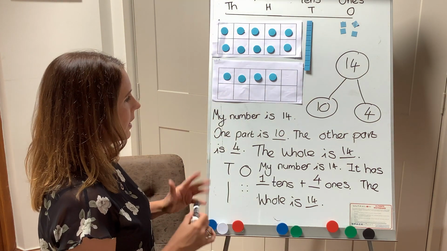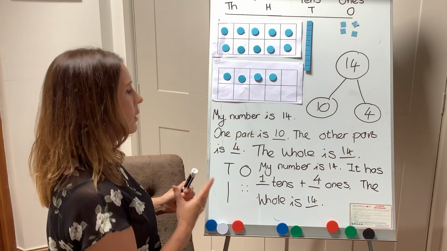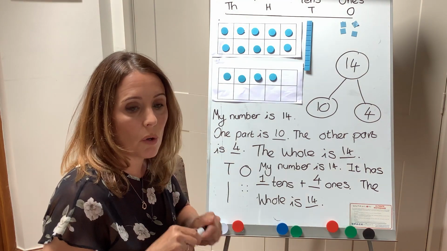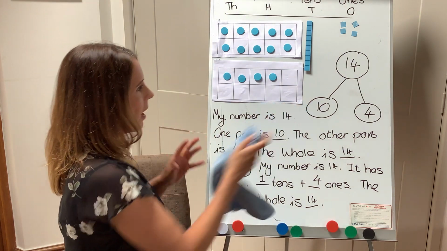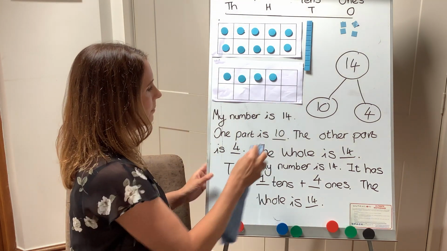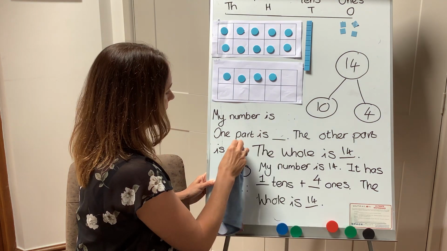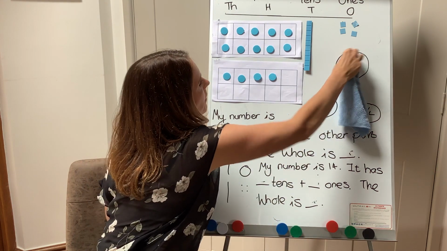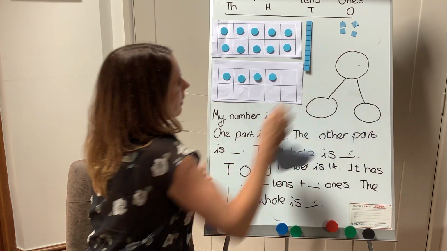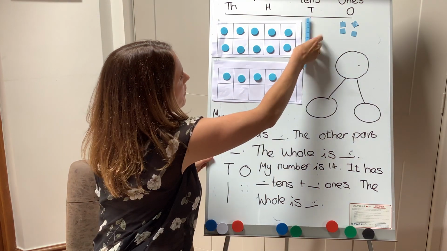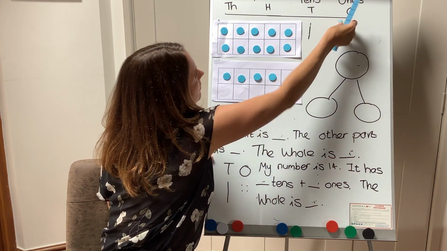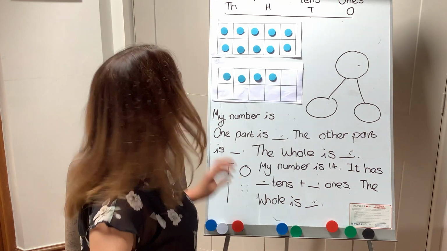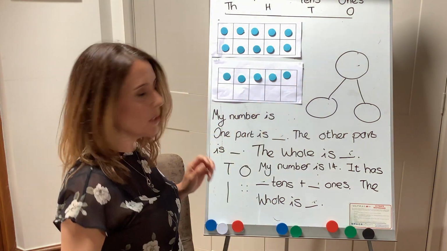Okay, so we have looked at the number 14. What I want you to do now is have a look at this number. I'm going to make another number and you're going to write these two number sentences to describe it. You can use straws, base 10, a tens frame, the Pothole model, however you wish to show the number. So this time, the number that you have is going to be 15.